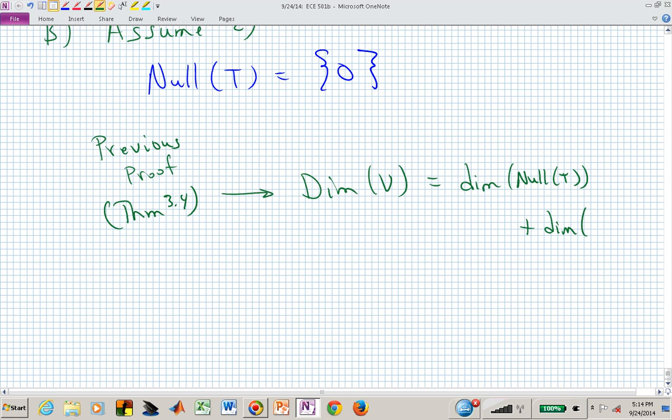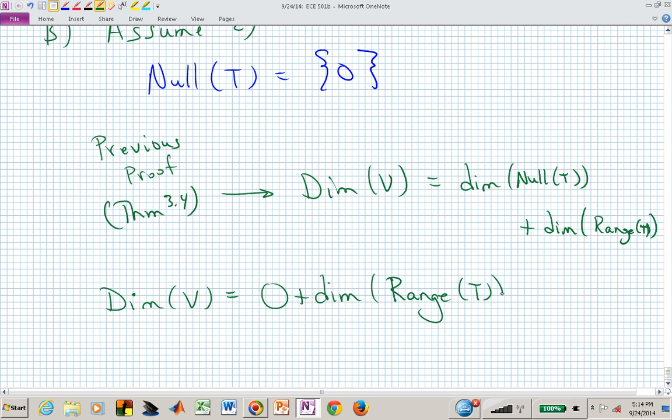The range of T. But now what have we just said? What's the dimension of the null space if it's the 0 vector? It's 0, isn't it? So now we have the dimension of our domain, V, is equal to the dimension of the range of T.